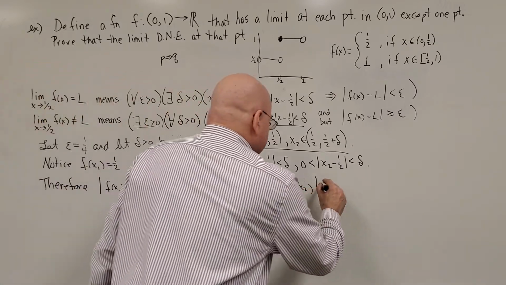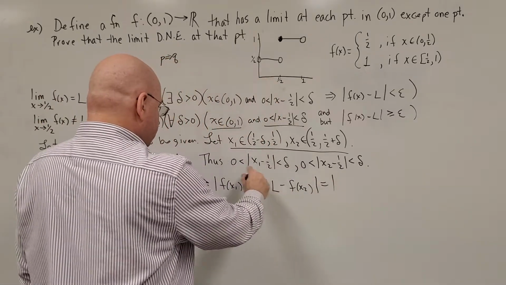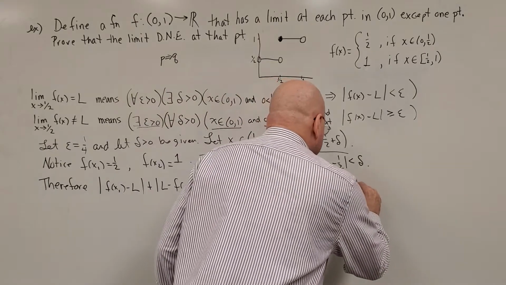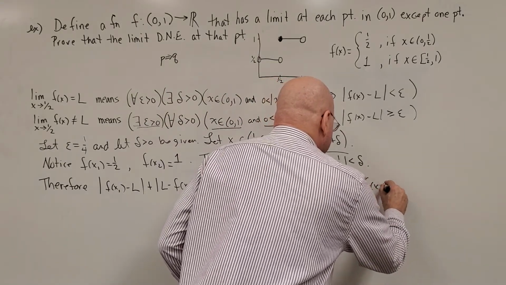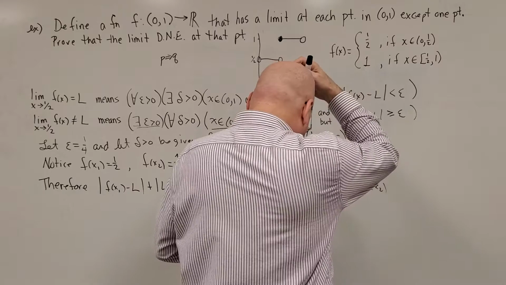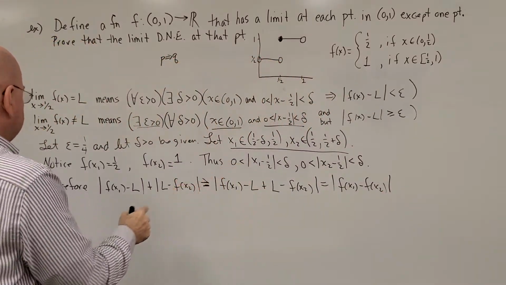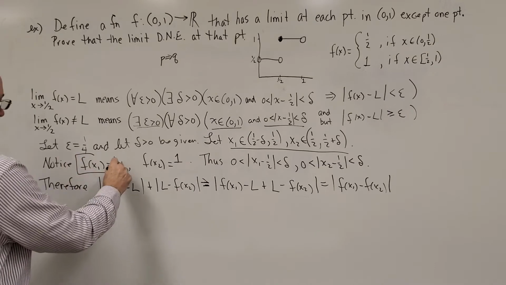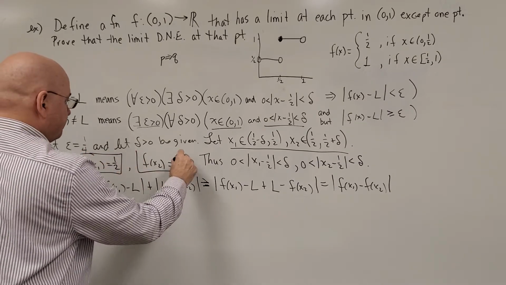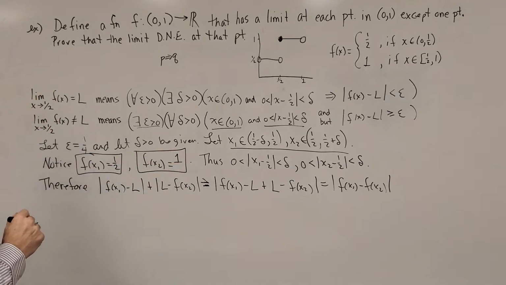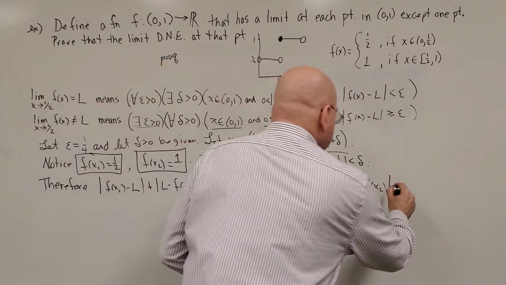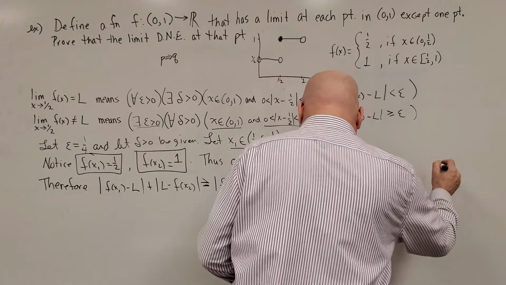But this is just, the L's cancel, the absolute value of f of x1 minus f of x2. And we know exactly what that is. That's 1/2 minus 1 in absolute values, which gives us 1/2.